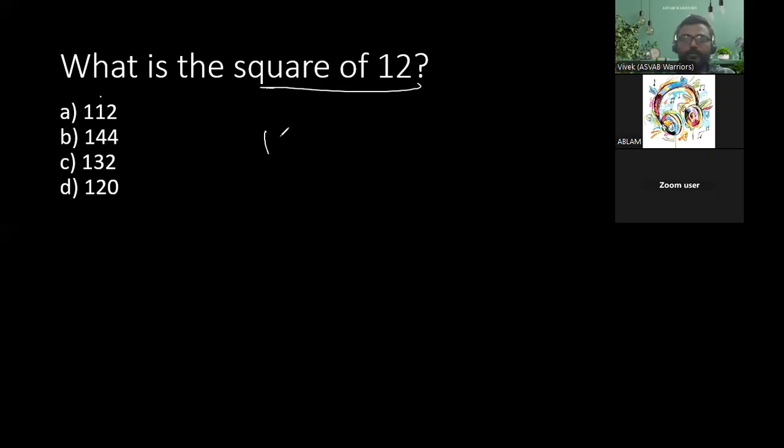The square of 12, which is 12 to the power 2. 12 times 12. So when you multiply these two numbers, you're going to get 144.